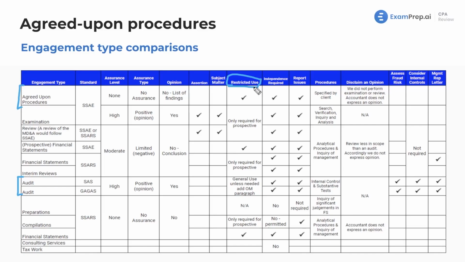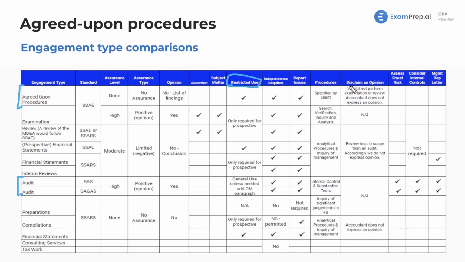Is independence required? Do we report issues? In most engagements, if there are any issues we see within the company, we're going to report them. Procedures that are going to be conducted: this is not exhaustive, but these are the types of procedures that would be done in each engagement. AUP, as we said, these are going to be specified by the client.